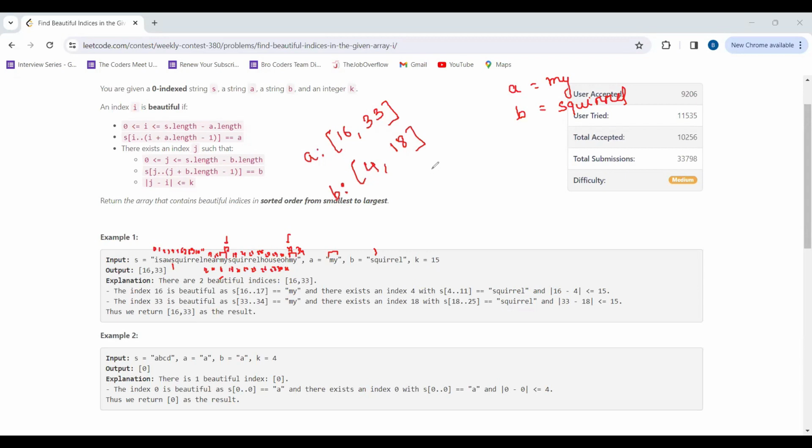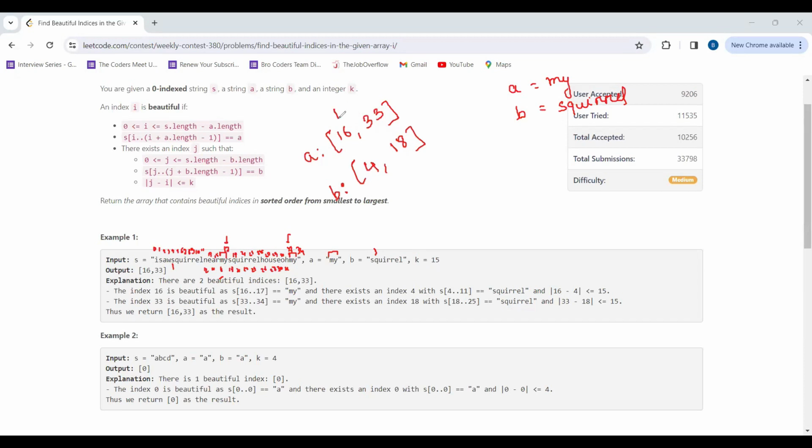If we come to 16, we'll know that A is forming. And then we can check in the B array whether the condition j minus i is less than or equal to k is satisfied or not. I think we can do that.